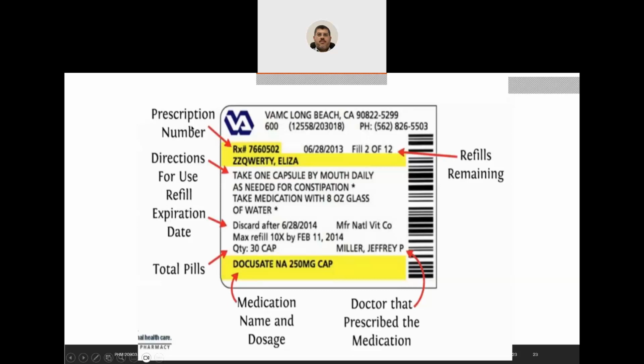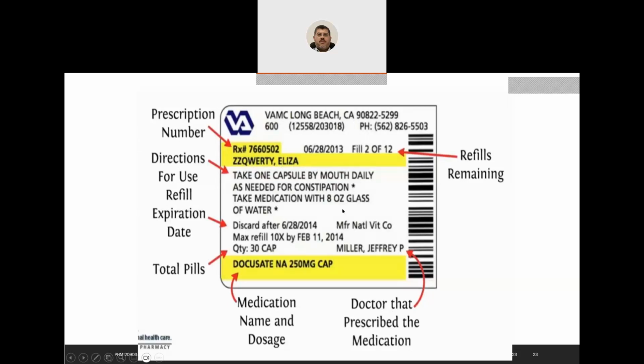Okay, so you may have the prescription number, and the doctor that prescribed the medication. These are about the prescriber. When it comes to the patient, there should be the name of the patient, and here also you can see the name of the hospital or clinic.